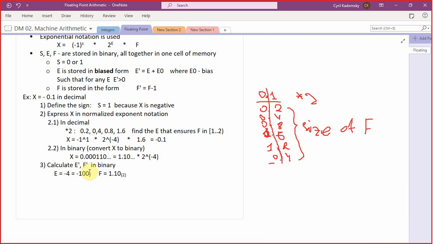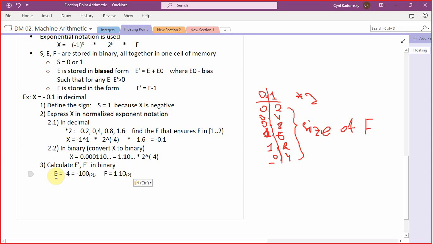Okay. If you have difficulties converting in your head, you can always use the division algorithm like we have done before. But to use less time, I just gave you the ready converted value. Okay, so now we have the exponent and the fraction in binary.